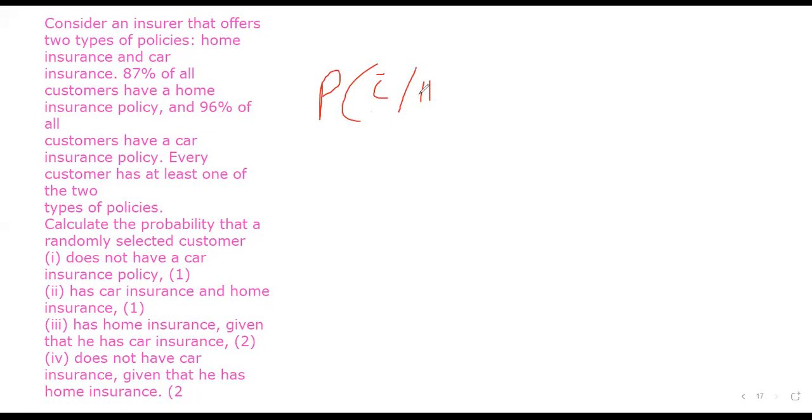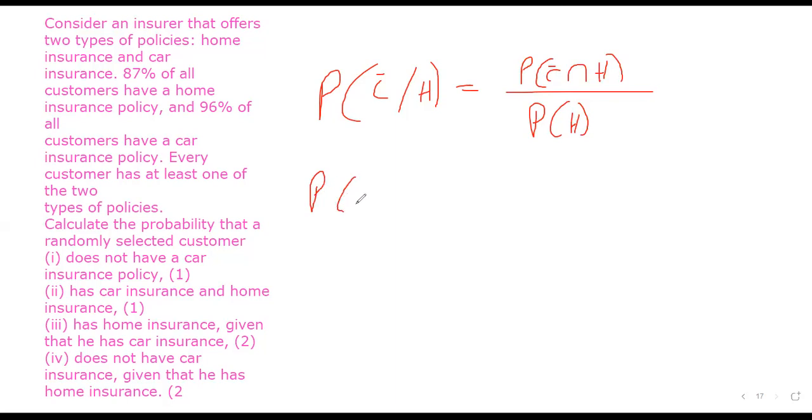That's the first thing you need to know. The denominator is the probability of H. Then on top, we have C complement intersection H. At this point, are we together? Yes. Because of this, there's only theorem 2.